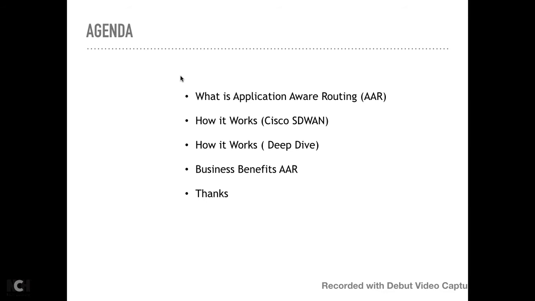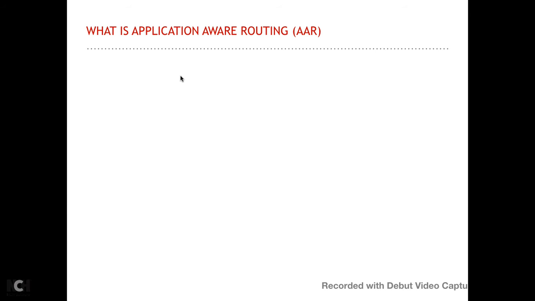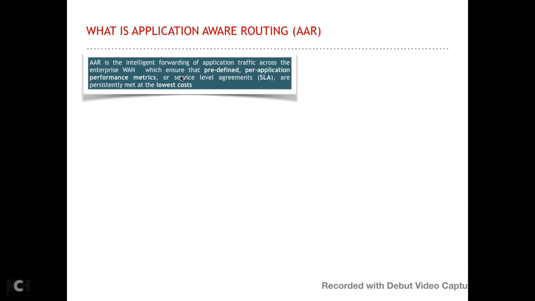Okay, so let's kick off. So what is application-aware routing? Application-aware routing is an intelligent mechanism to forward your data traffic across your WAN. It could be multiple links, maybe MPLS, internet or 3G, where you ensure that a per-application performance metric or SLA class is defined. So what do we mean by SLA class? You define interesting traffic, which is mission critical for your enterprise.